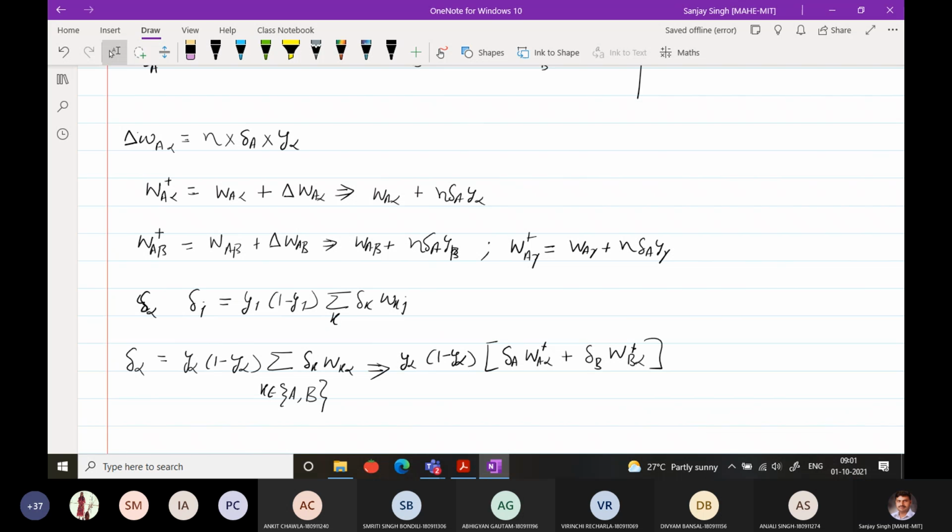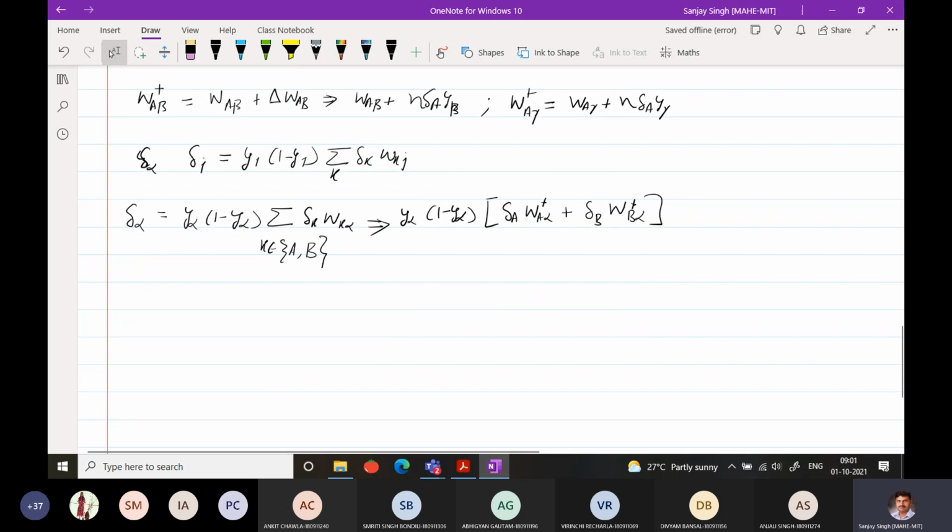Okay. Now similarly, I can find this delta beta very easily. I can say y beta 1 minus y beta, and same thing this will remain.